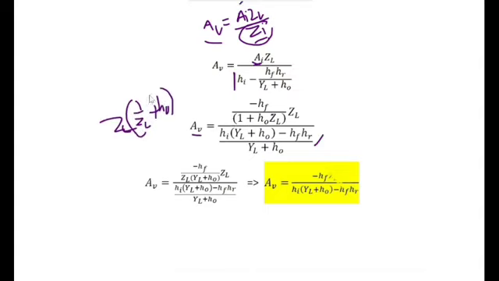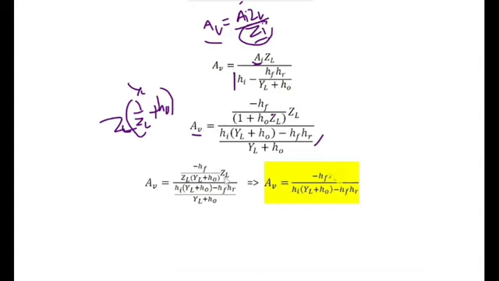If we take ZL in this term, then here 1 by ZL is again replaced with YL. So the equation can be further simplified to minus HF by ZL into YL plus HO into ZL.